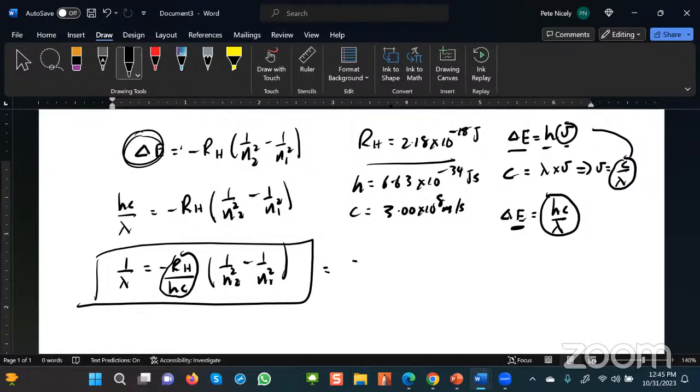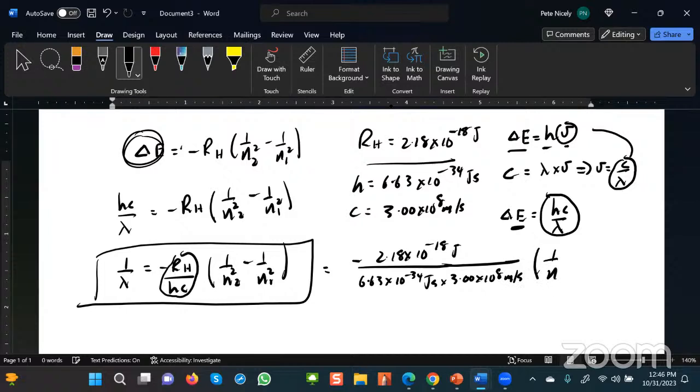That would be equal to minus 2.18 times 10 to the minus 18 joules divided by h, which is 6.63 times 10 to the minus 34 joule seconds, times the speed of light, 3.00 times 10 to the 8 meters per second, multiplied by 1 over n2 squared minus 1 over n1 squared.